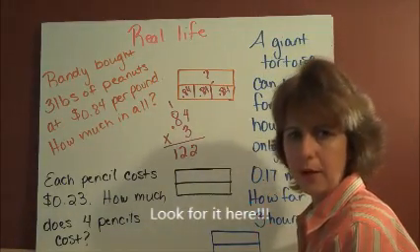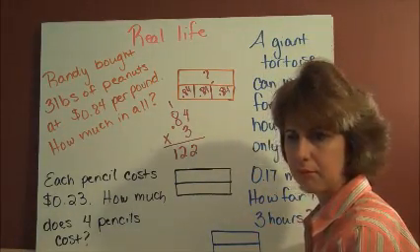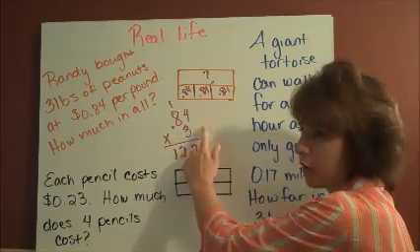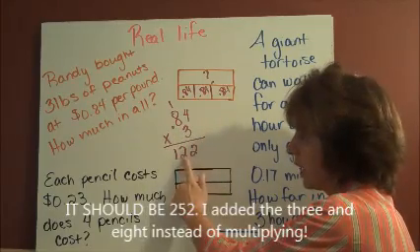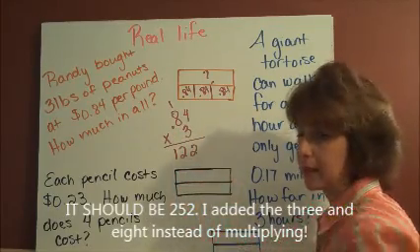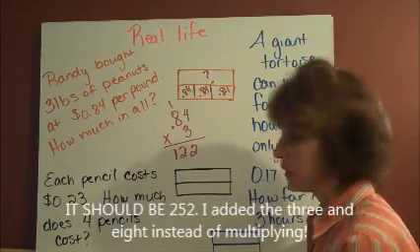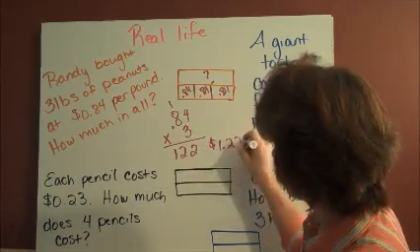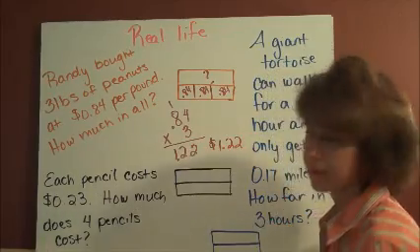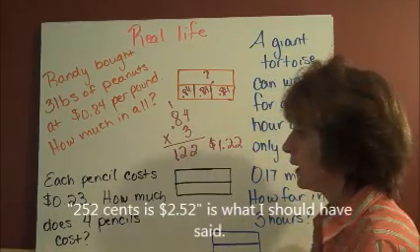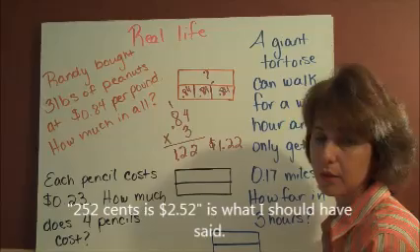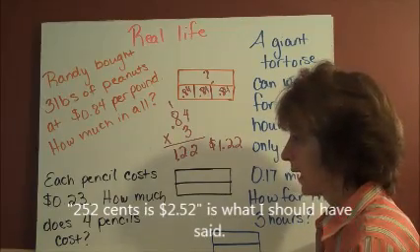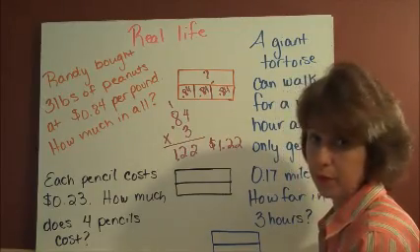Is it $122? No. If this is 84 cents, then this is 122 cents. And we know that 122 cents is $1.22. Each pencil cost 23 cents. How much does 4 pencils cost?